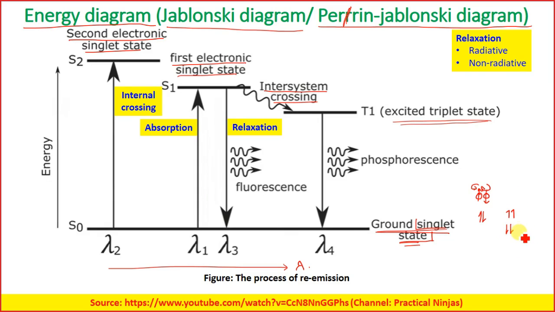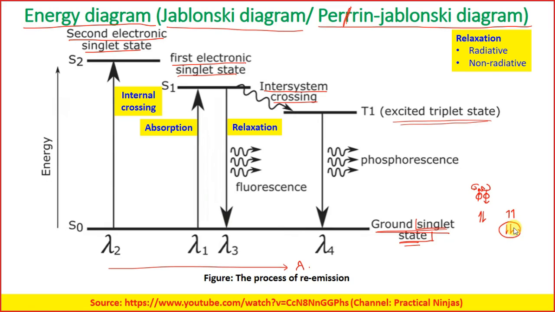Am I clear? If the electrons are moving in the opposite direction, then it is in a singlet state. If they are moving in the same direction, whether clockwise or anti-clockwise, that is regarded as the triplet state.